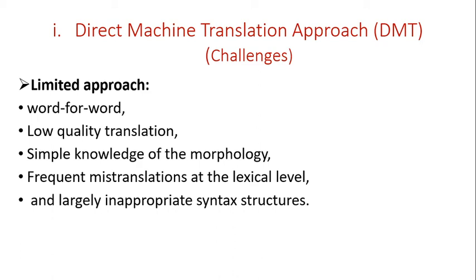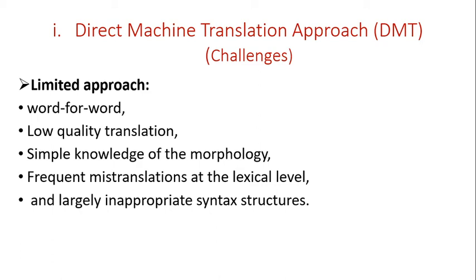So if we want to train the developers for the development of machine translation systems, I think we can start with this DMT. And sometimes people do not need correct translation; they just need the meaning, what has been said in the text. And here the direct machine translation approach at least can help.